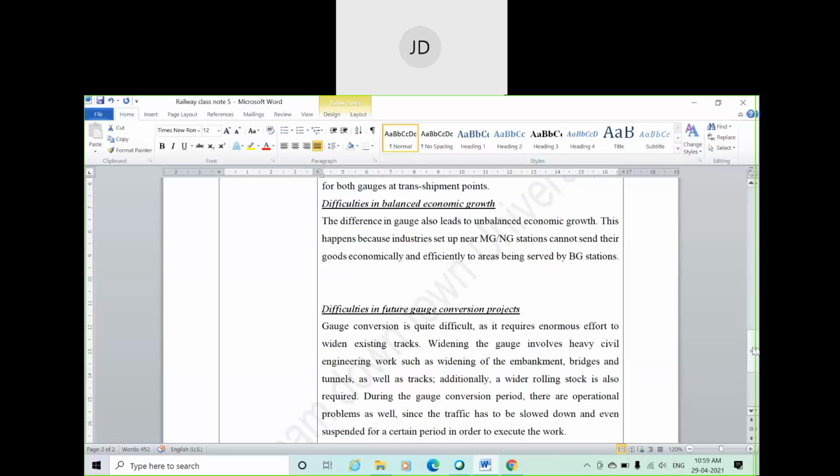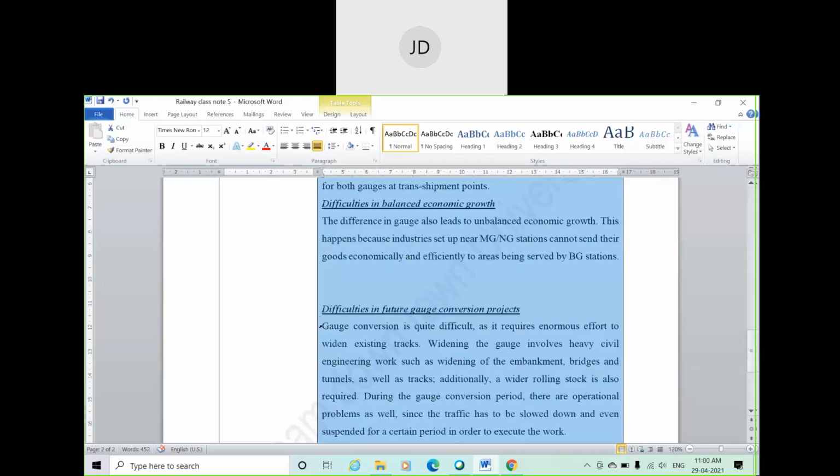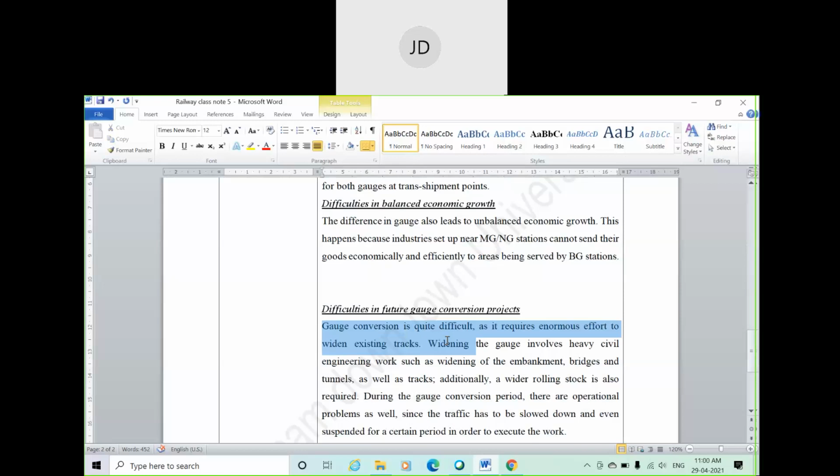Got it? So with the increase of track gauge, the whole construction cost is also going to increase.